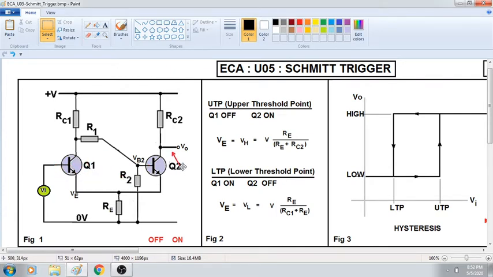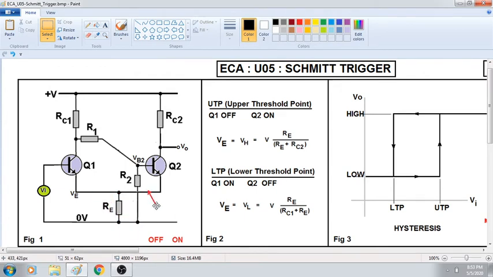So in a Schmitt trigger the second feedback is missing, that is, the collector of Q2 is not connected to the base of Q1. So Q1 is left free, its input is not connected anywhere, but both the emitters of the transistors are coupled, connected and given to the ground through an emitter resistor called RE.